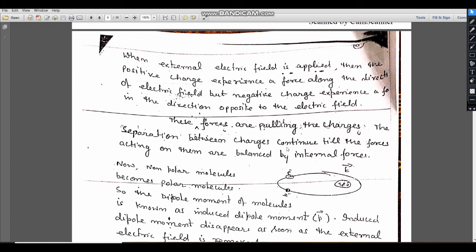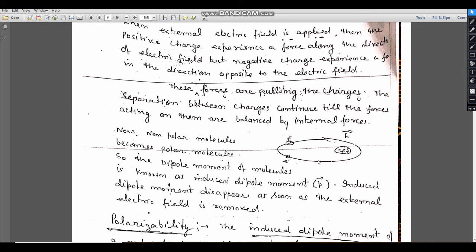The separation between the charges continues until the forces acting on them are balanced by the internal force. There is an electrostatic force between them, and due to the electric field they also experience a force; when these balance each other, there is a gap between the positive charge and the negatively charged particles, so they have an additional dipole moment.